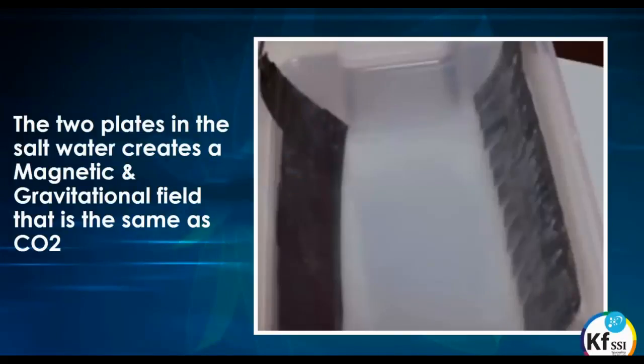So what we've created is the same as the leaf, with our two plates within the salt water, and this creates the magnetic and gravitational field that is the same as the CO2 to attract.